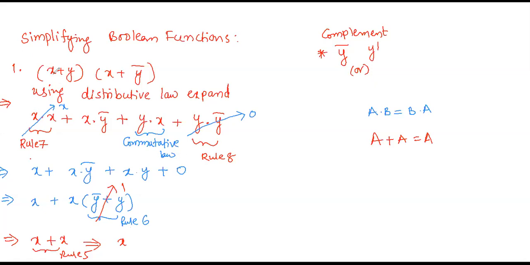X is one literal, y is one literal, y bar is another literal. So we have three literals. Simplifying means we need to reduce the number of literals present in the expression.